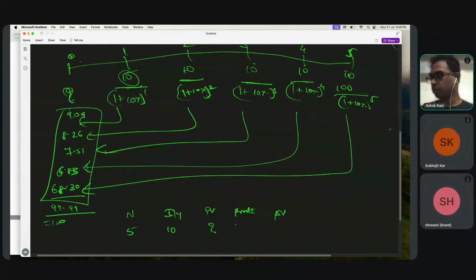Present value we have to calculate, leave it blank. Then payment is 10, the periodic amount: 10, 10, 10, 10, 10. And then future value is 100.